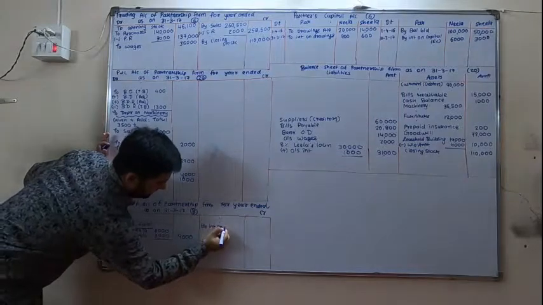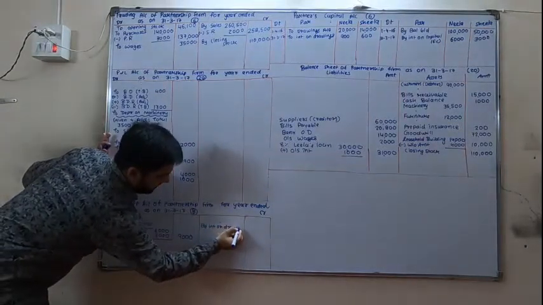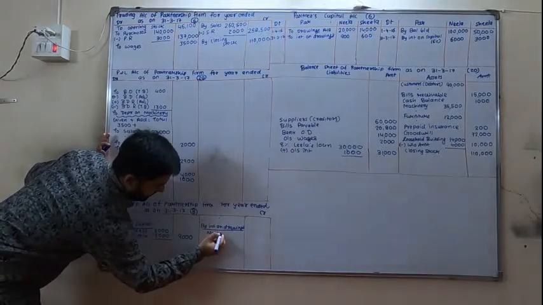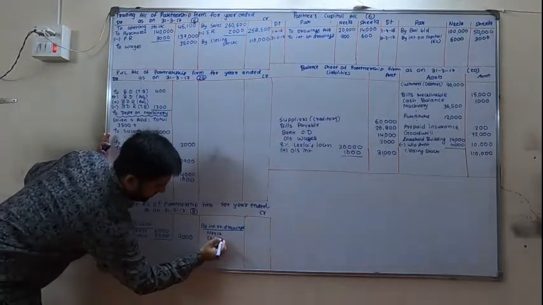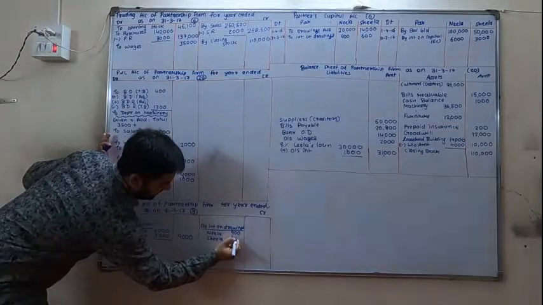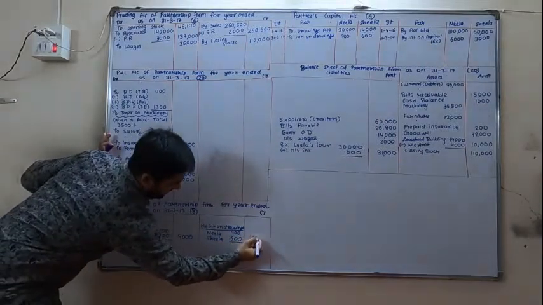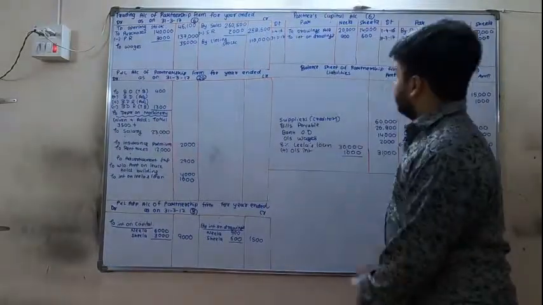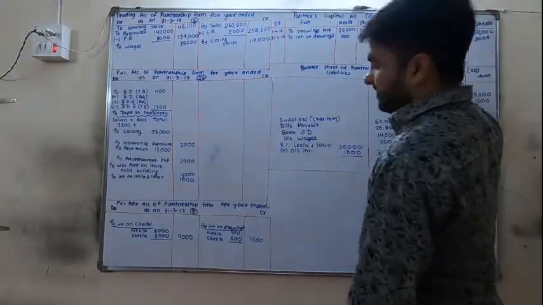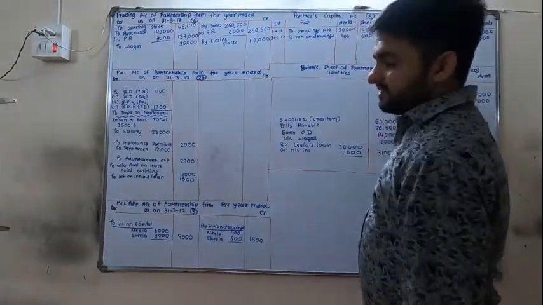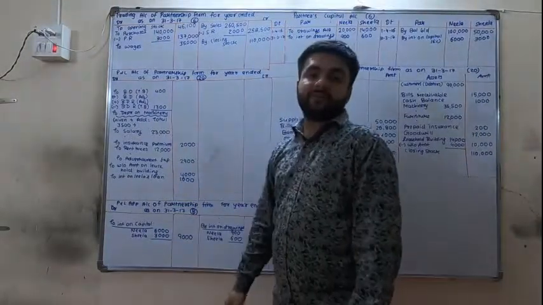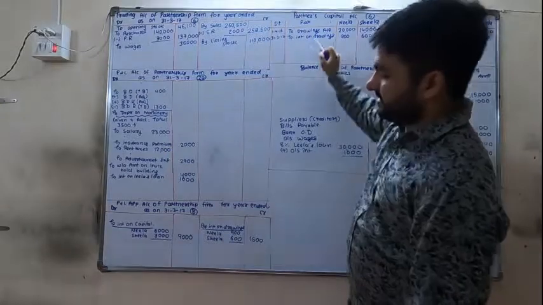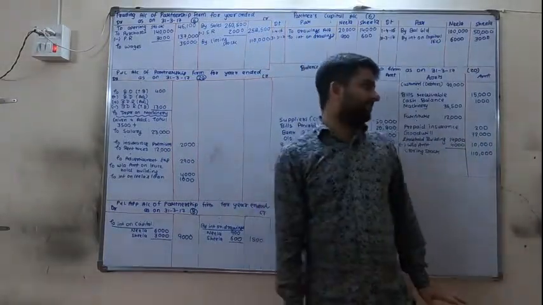By interest on drawings, Neela, Sheila, 900, 600, 1,500 in the outer column. So capital is credit, so interest on capital is credit here and debited here. Drawings are debited, so interest on drawings is debited here and credited here.